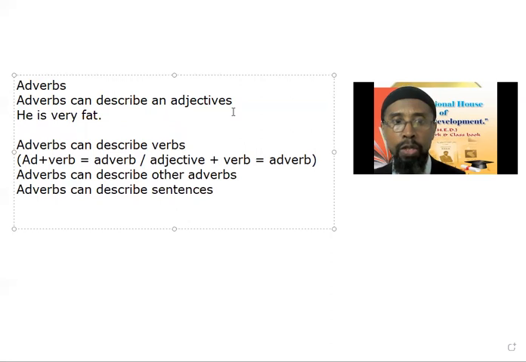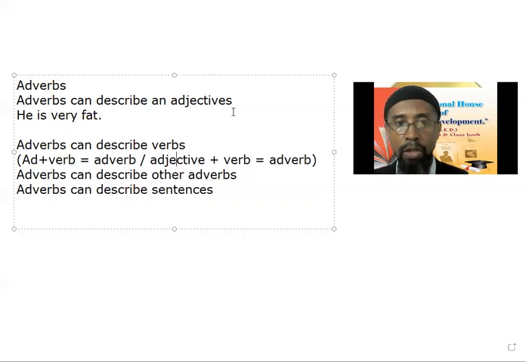You can see here that fat is an adjective, and before fat is very, and very is an adverb. So here the adverb very is describing how fat. Very fat. So you can see that adverbs can describe adjectives.